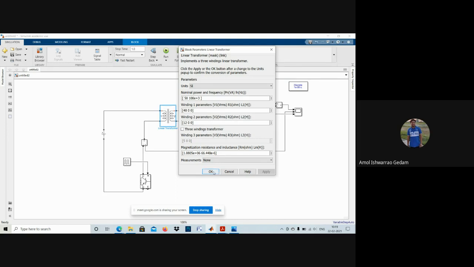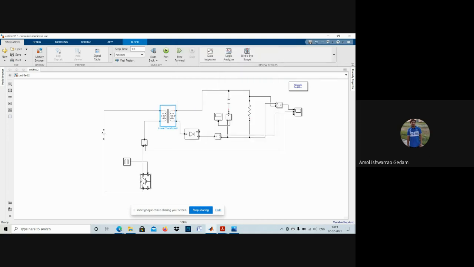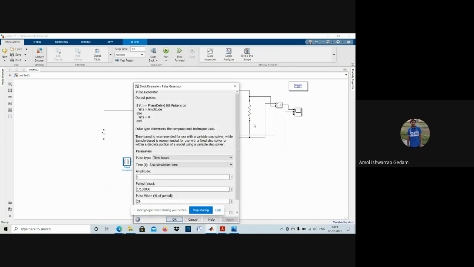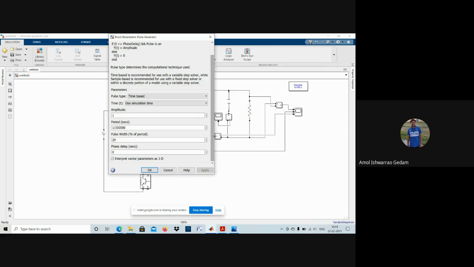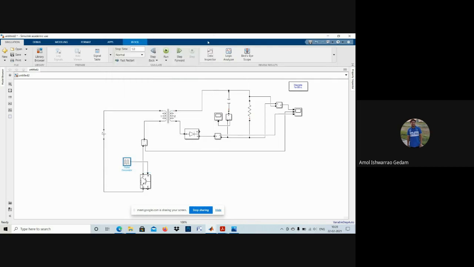Okay, so this is the switch, and this is the pulse generator. Period I have kept 1 by 100k, and pulse width is 29. That is coming in our answer, meaning pulse width is 29%.